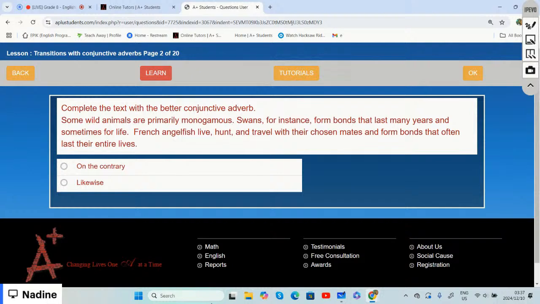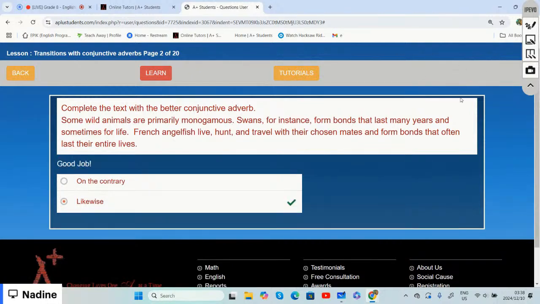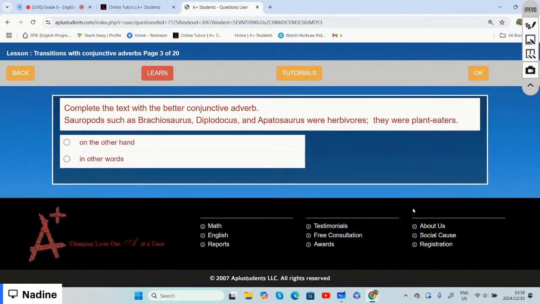So do we say it is on the contrary? Or do we say likewise? And if we were to choose the correct option, then we will say likewise French angelfish. Because remember now they're saying that it's almost like an addition to the previous sentence. All right. So likewise. Yes, well done.